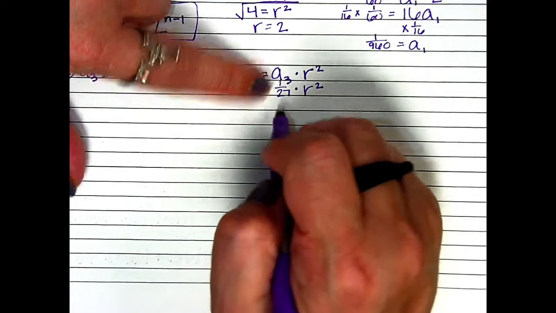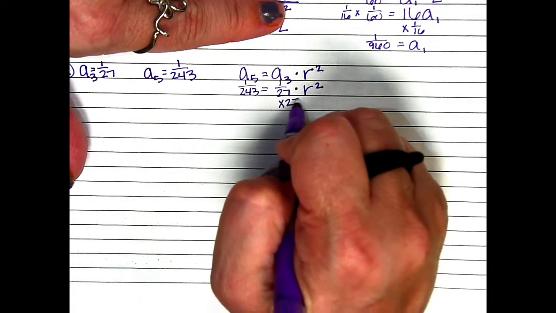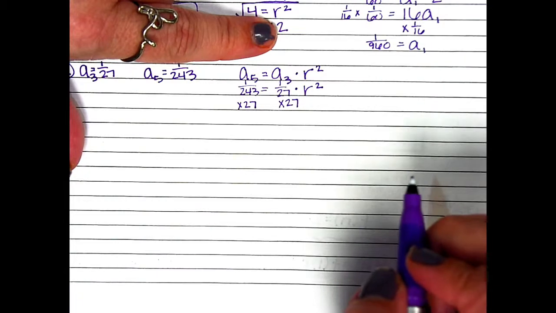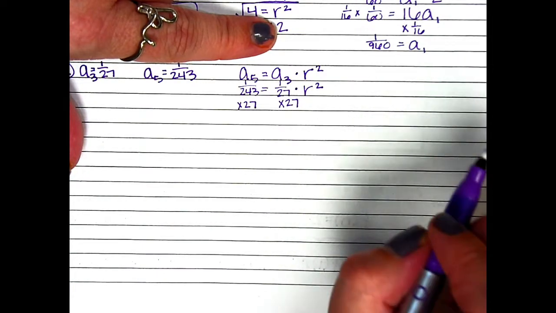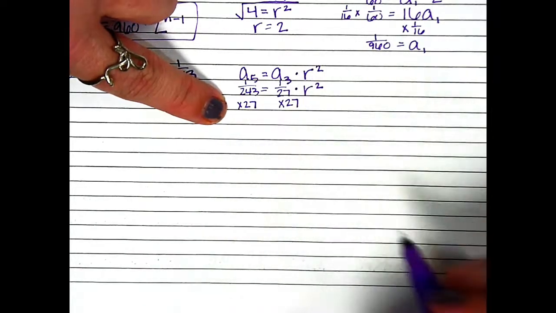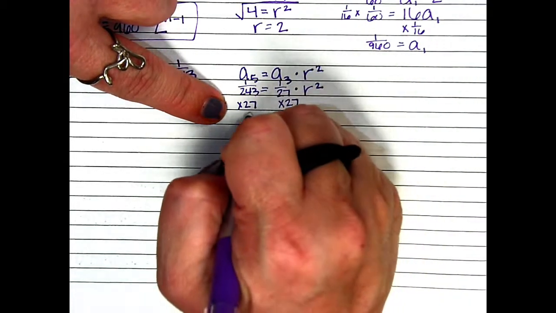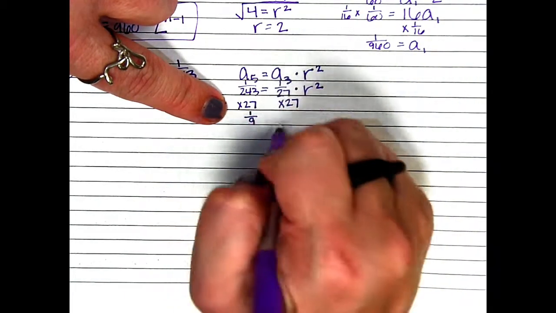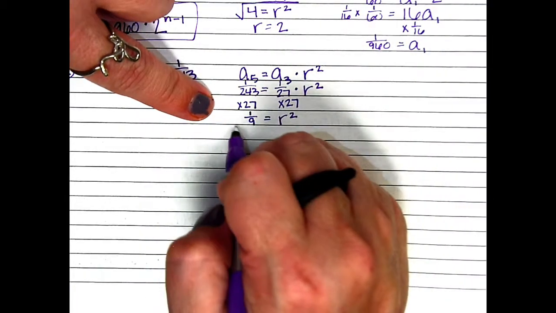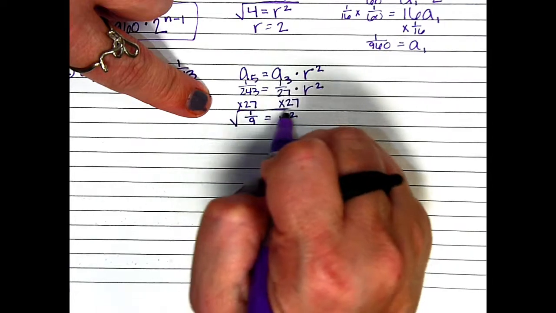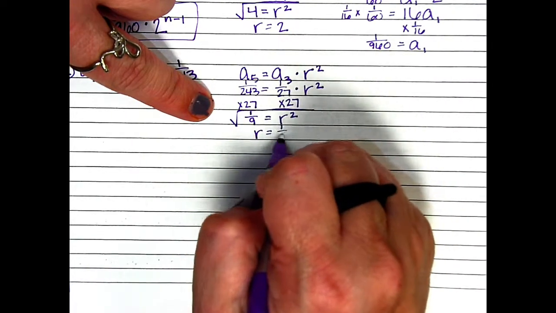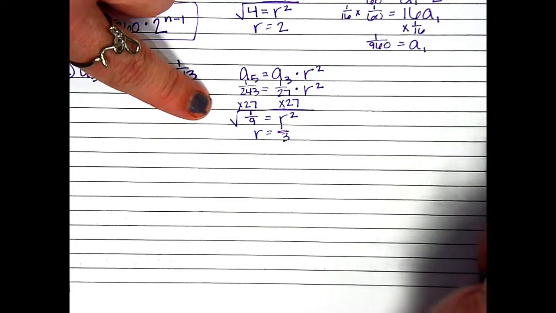To get rid of 1/27th, I need to multiply by 27, or 1/243 times 27 would give you 1/9 equals r squared. And then take the square root. My ratio is 1/3.